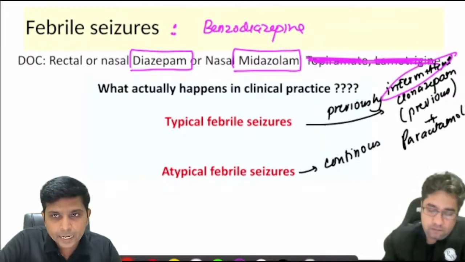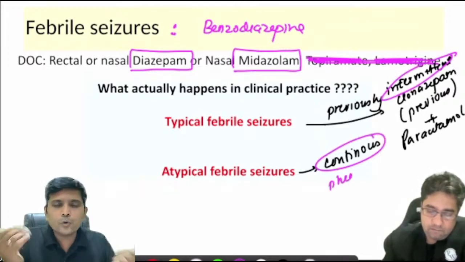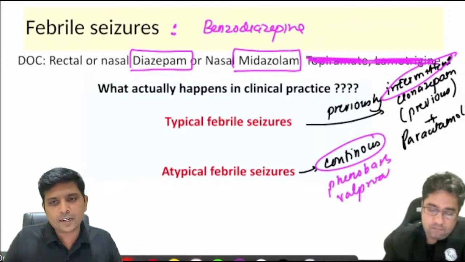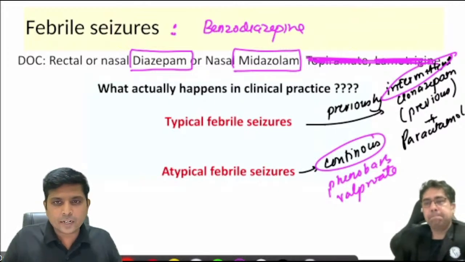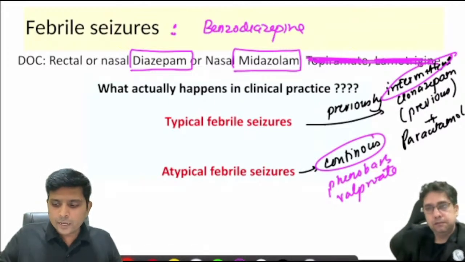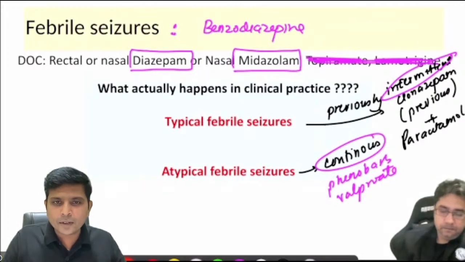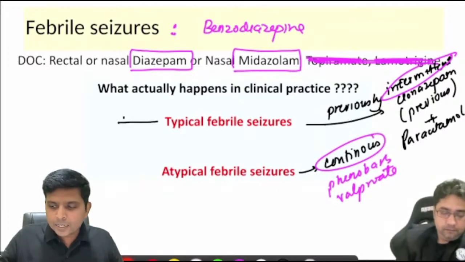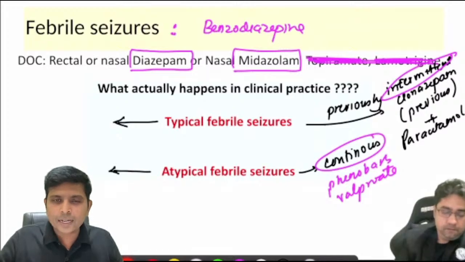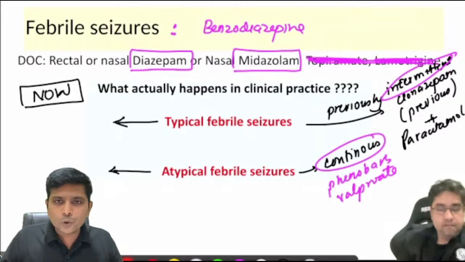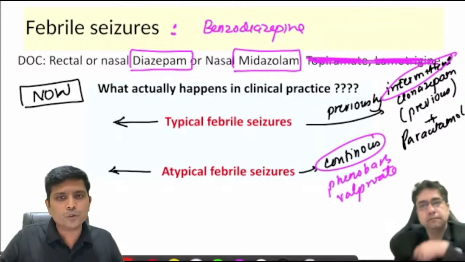But right now, they wanted to balance the side effects of the drugs and the benefit of the drugs, which one scores. Either you give intermittent prophylaxis for typical febrile fits or continuous prophylaxis for atypical febrile fits, in the long term it is not going to reduce the seizure episode.